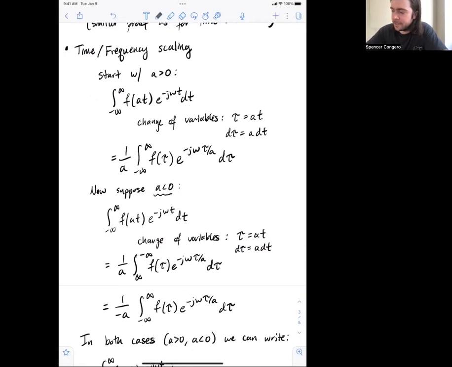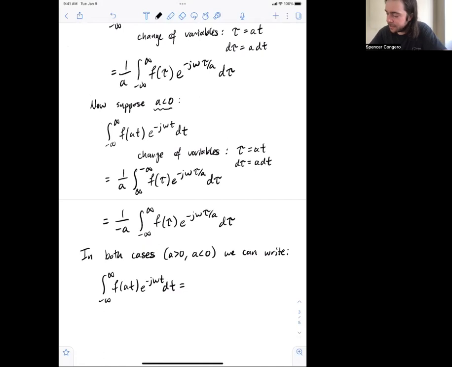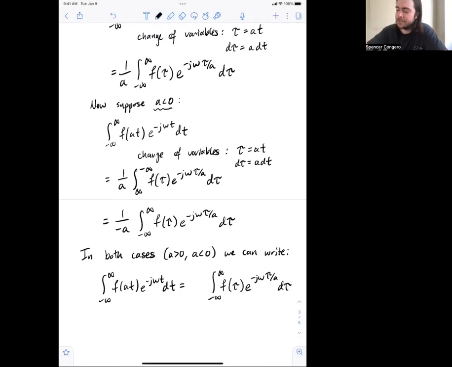And so what is this going to be equal to? Certainly the second part, this integral, is the exact same in both cases. But now what happens to that coefficient? When a is positive, I get a. And when a is negative, I get negative a. So what does that look like? When a is positive, I get the function a.